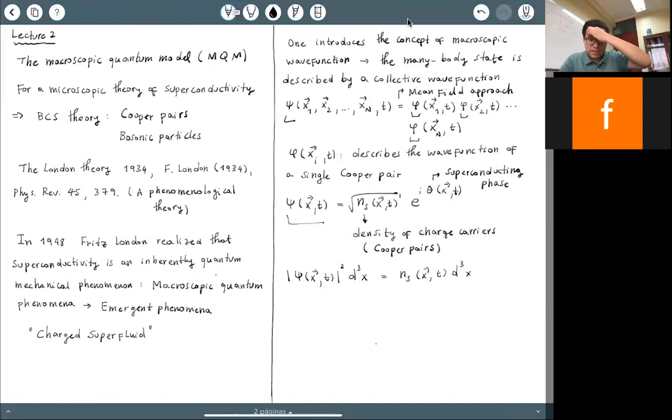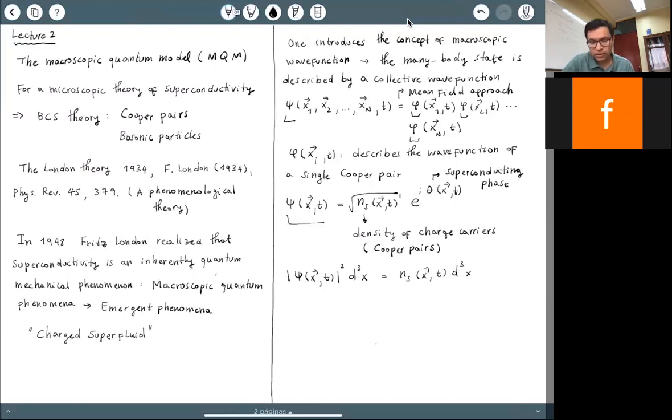Notice that, I will pass in my notes, there is also the description of Landau theory for describing superconductivity.